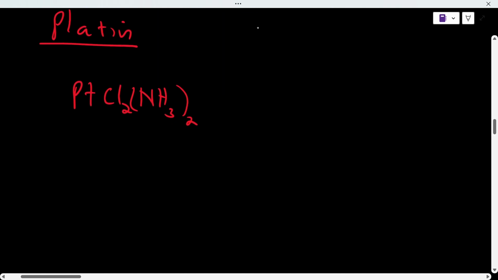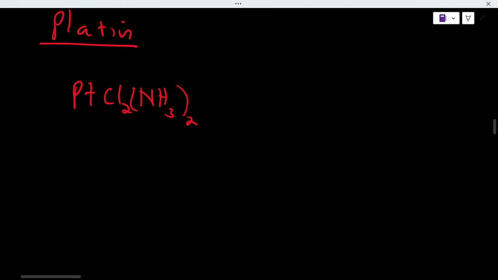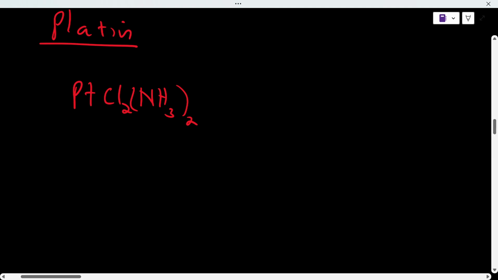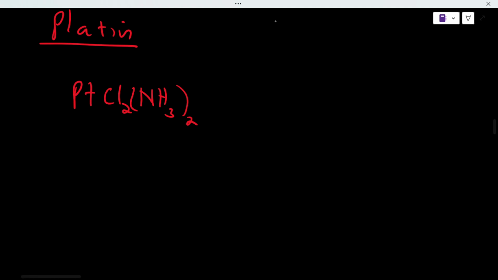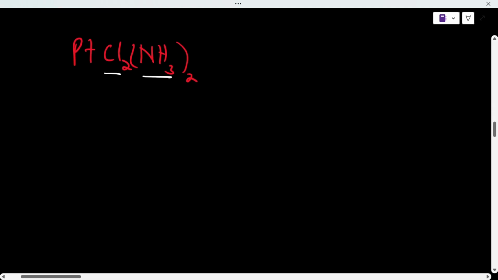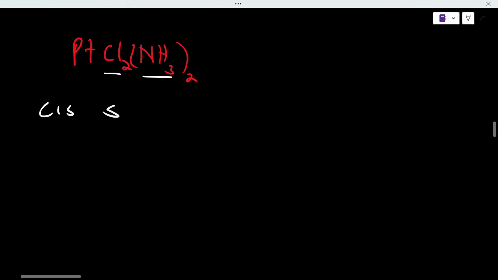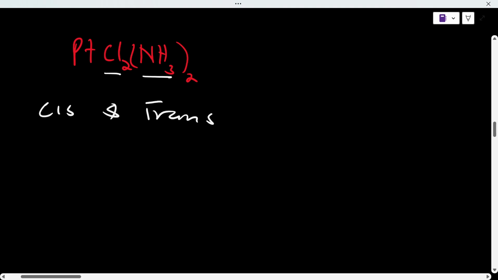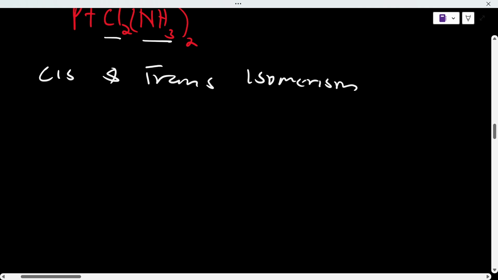And it can show the trans and the cis isomerism in a very unique way. Let me sketch that to show you. The main area of focus is going to be the 2 chlorines and the ammonia molecules when distributing them. So I want to show you how this one can show a cis and trans isomerism. In the middle, I'm going to have my platinum.